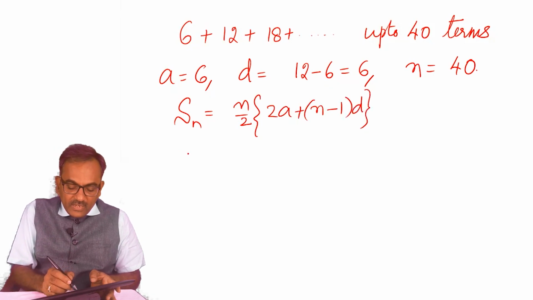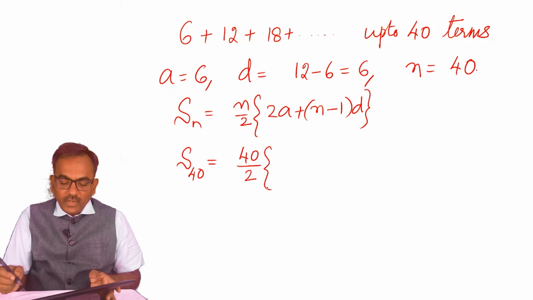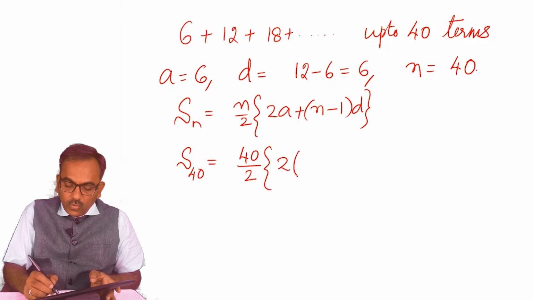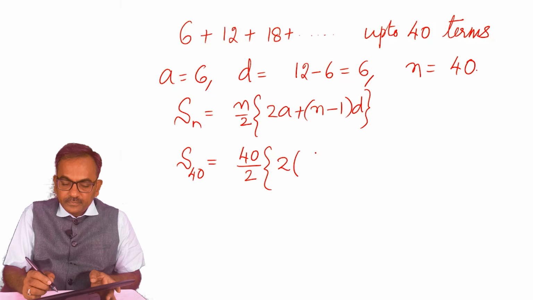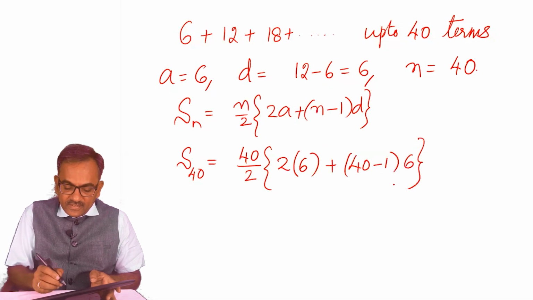Let us substitute the values. S40 is equal to 40 by 2 into 2 times a, which is 6, plus 40 minus 1 into d. d is also 6.